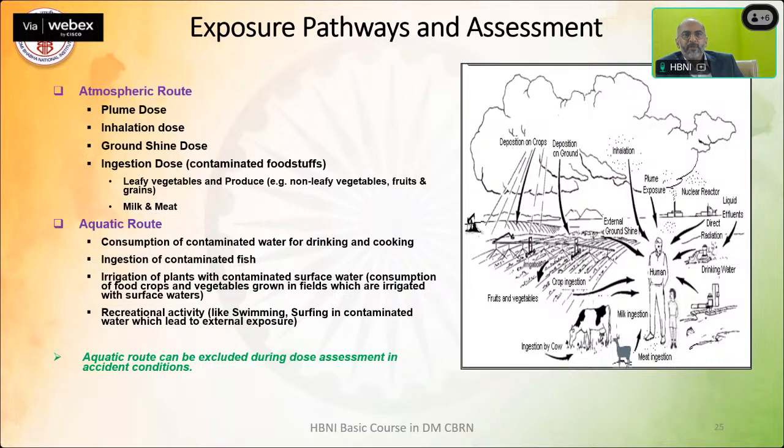You have a plume dose, inhalation dose, ground shine dose, ingestion doses, and some of the things that you consider in calculating all this. Most of you are aware. And the aquatic route, the consumption of contaminated water for drinking and cooking. So this is going to be an important thing.